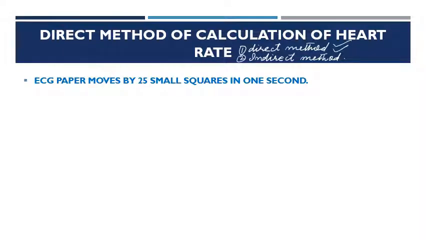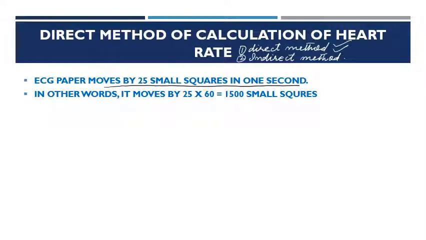ECG paper moves by 25 small squares in 1 second. In other words, it moves by 25 into 60, which means in 1 minute, ECG paper moves by 1500 small squares.